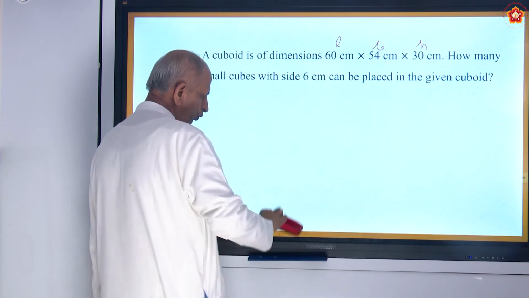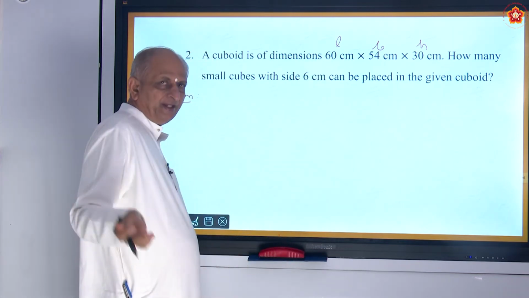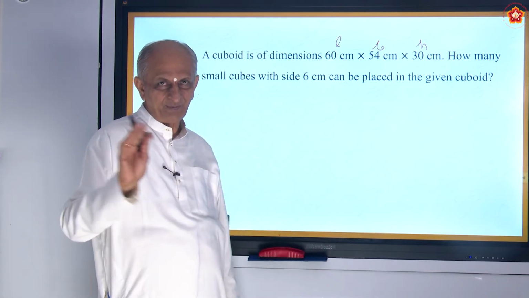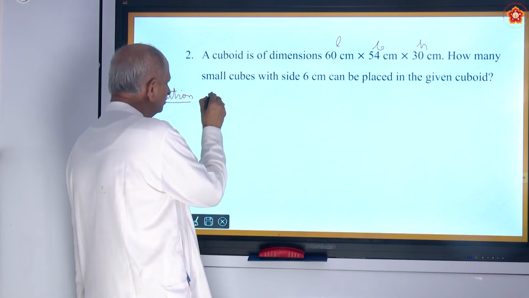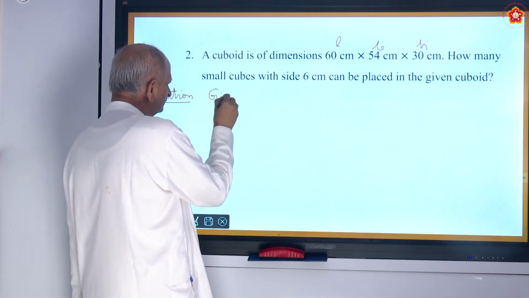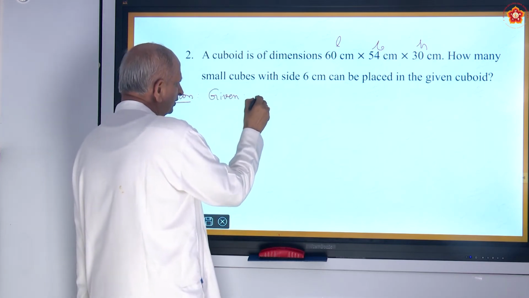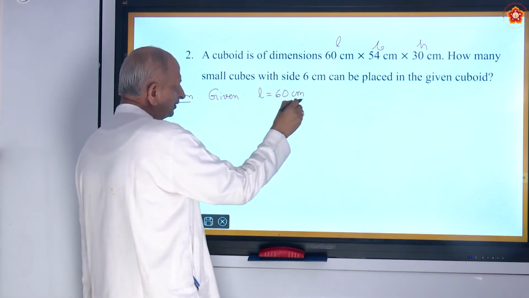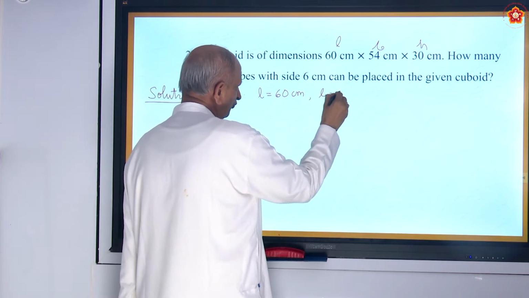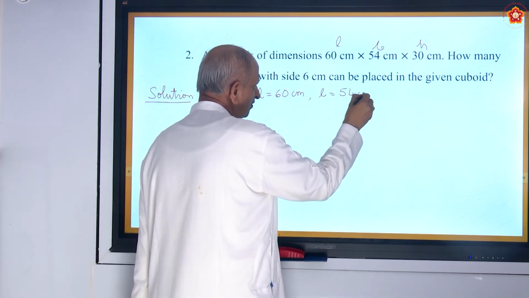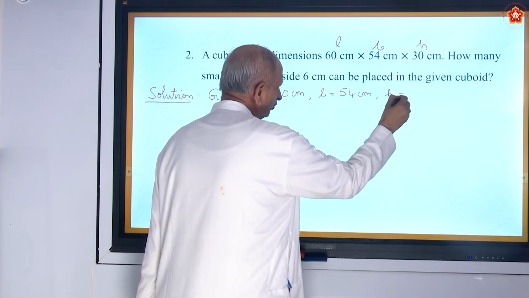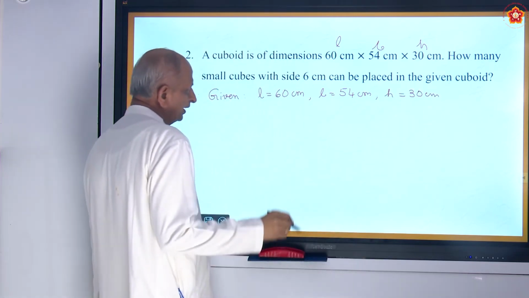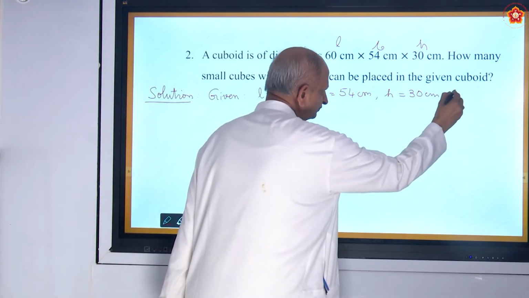So what must you do? Keeping things in a box means, as I was just telling you, finding the volume. You are given L equal to 60 centimeters, B equal to 54 centimeters, H equal to 30 centimeters. All this is for the cuboid box.